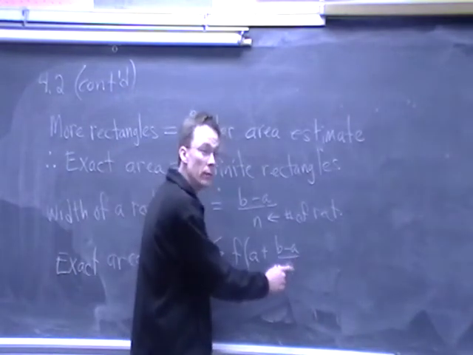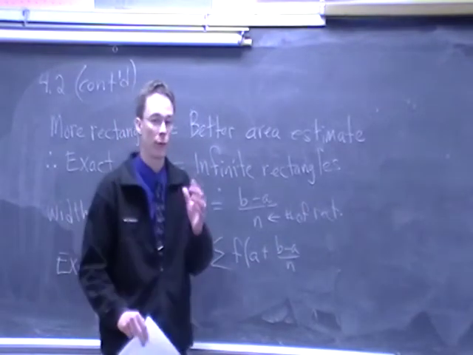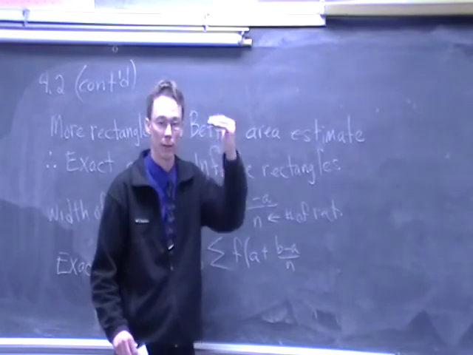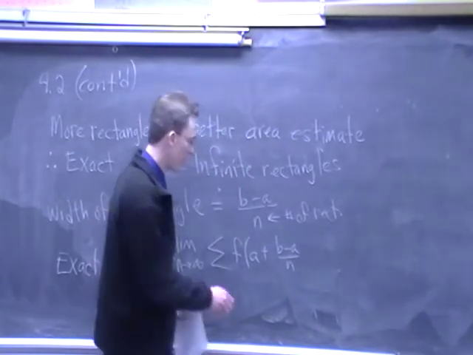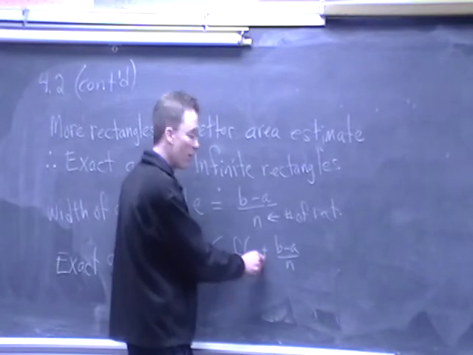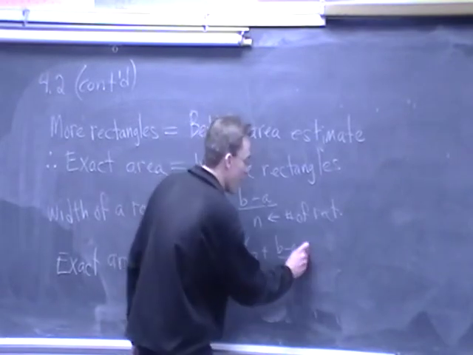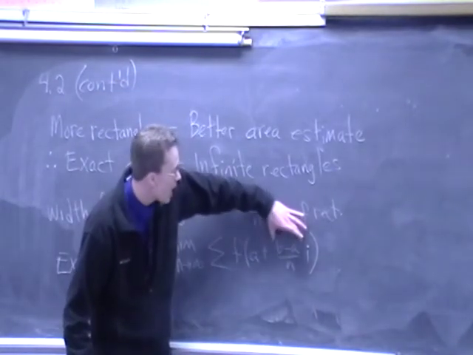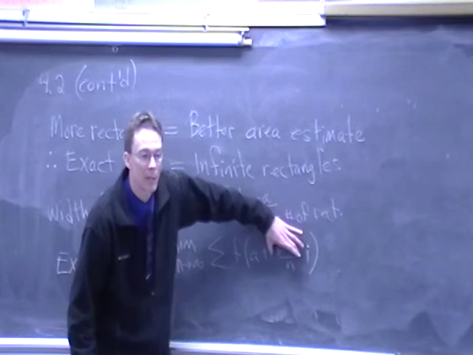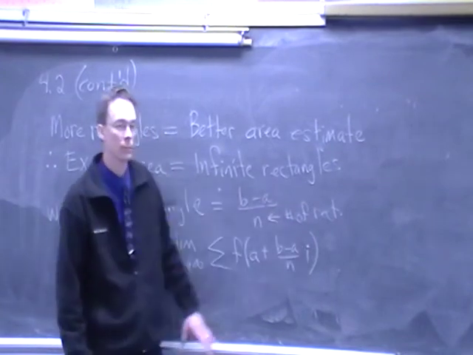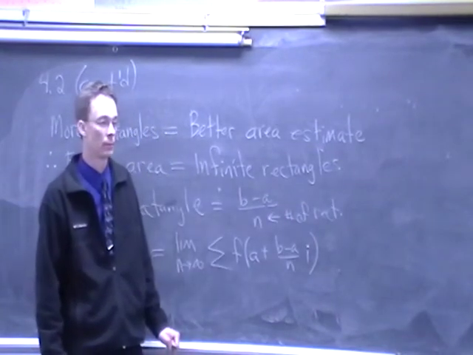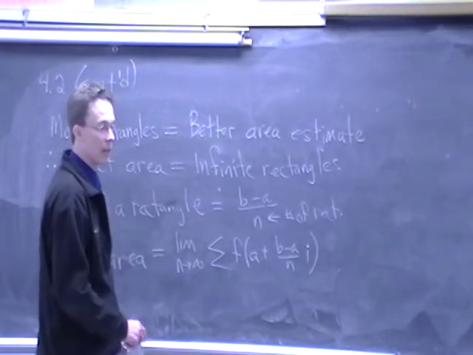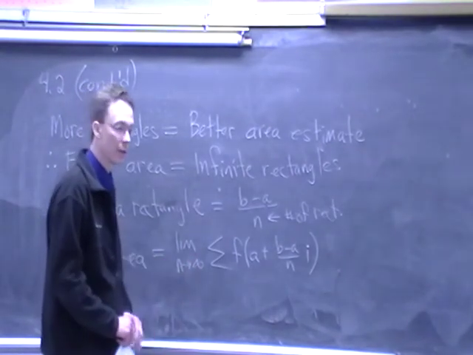Do you remember on the worksheet 4.2 where you had to write a sigma notation for finding area using finite rectangles? In your sigma notation, you probably had f of some number plus a fraction, and then you had to tack an i on after it. This i means keep adding these widths on time and time again.